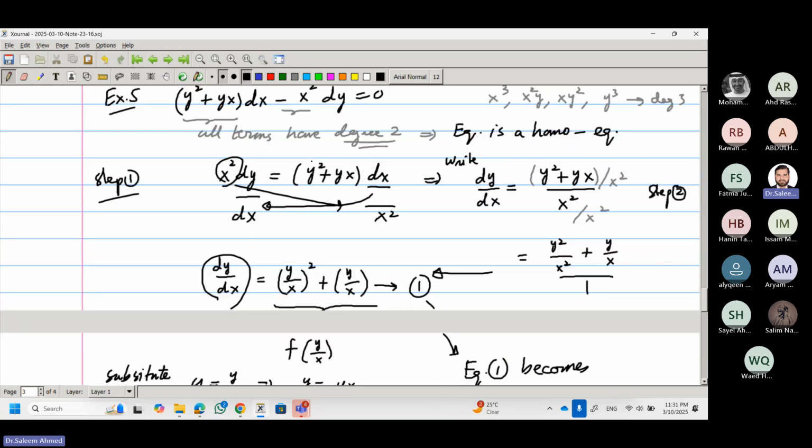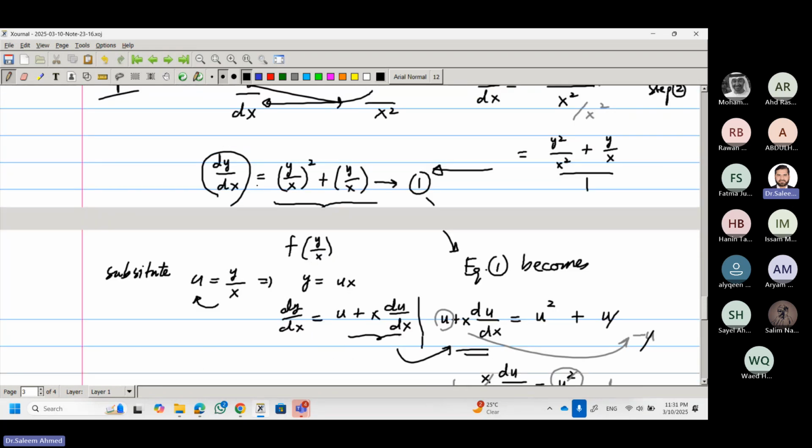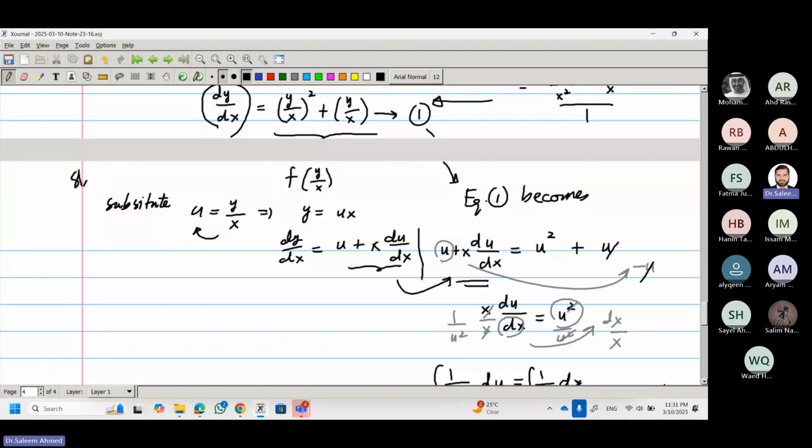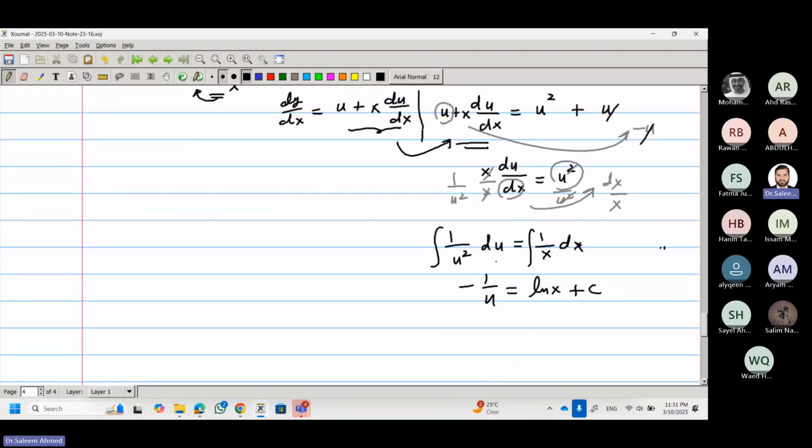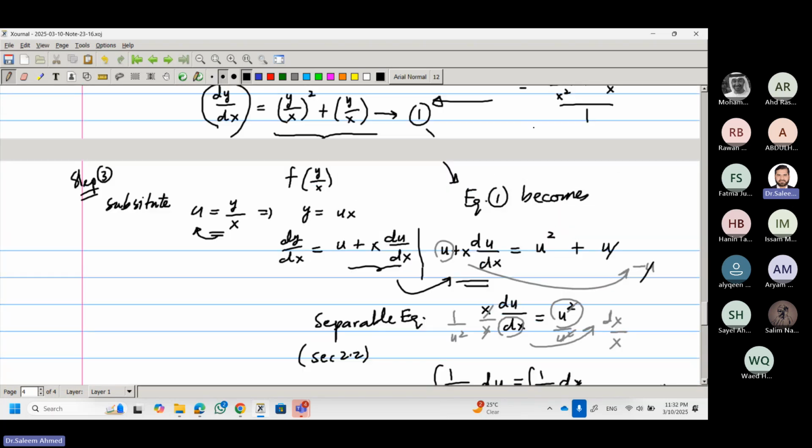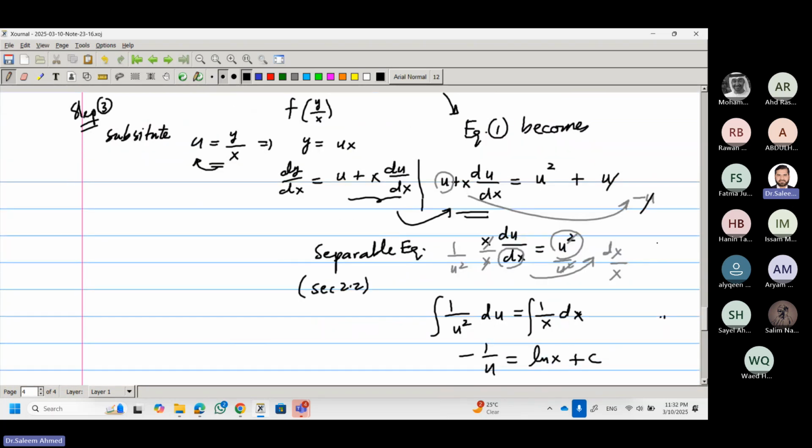And here also, if you do step 1 and step 2, then step 3 is to substitute u is equal to y by x. This will change your equation to a separable equation, okay? So this is a separable equation automatically. It's not a linear equation. So for a separable equation, we are back to section 2.2. All right. But if I ask you to convert your equation to a separable equation, you can stop here.